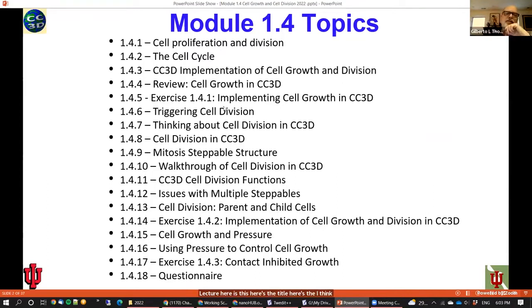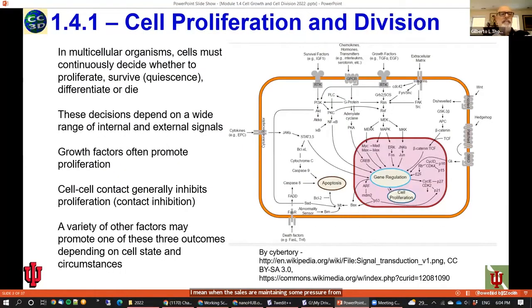I'm going to talk about the cell cycle, then start with cell growth, cell division, and finally with a specific feature, which is contact inhibited growth. I mean, when the cells are maintaining some pressure from the other cells in a tissue, for example. Okay, let's see.